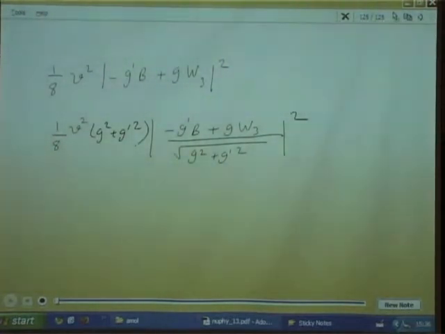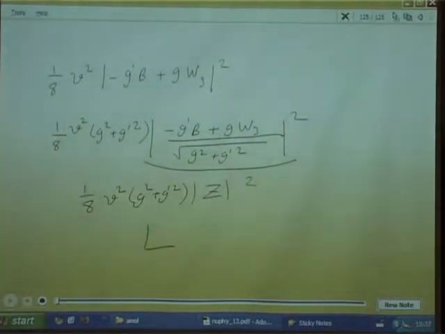So now, I can call this some gauge boson, and I will actually call it Z. Then this term becomes Z square, 1/8 of V square, and G square plus G prime square.